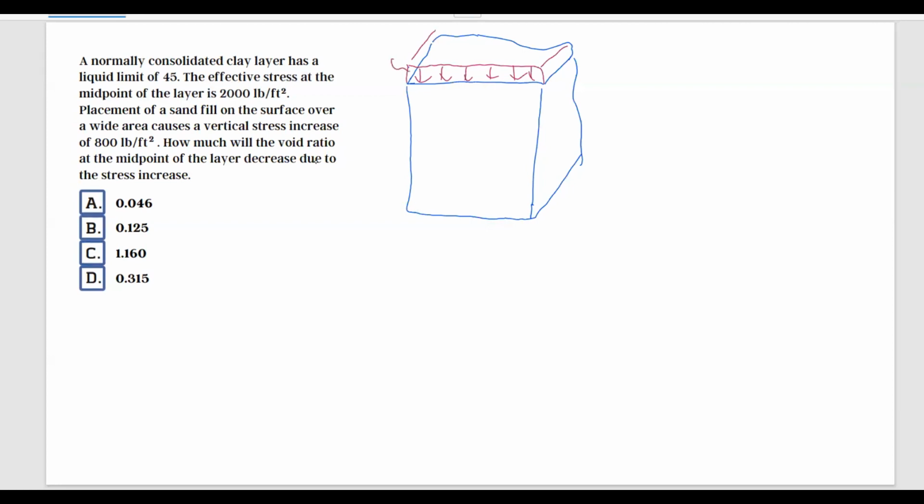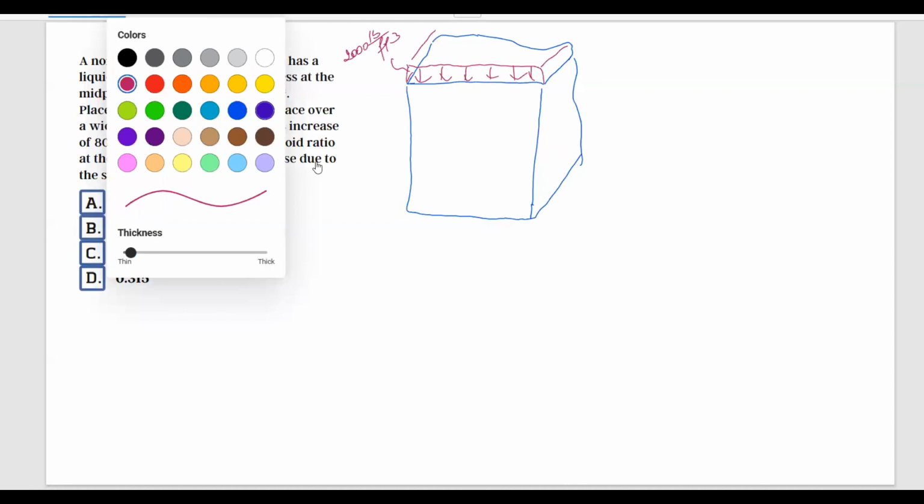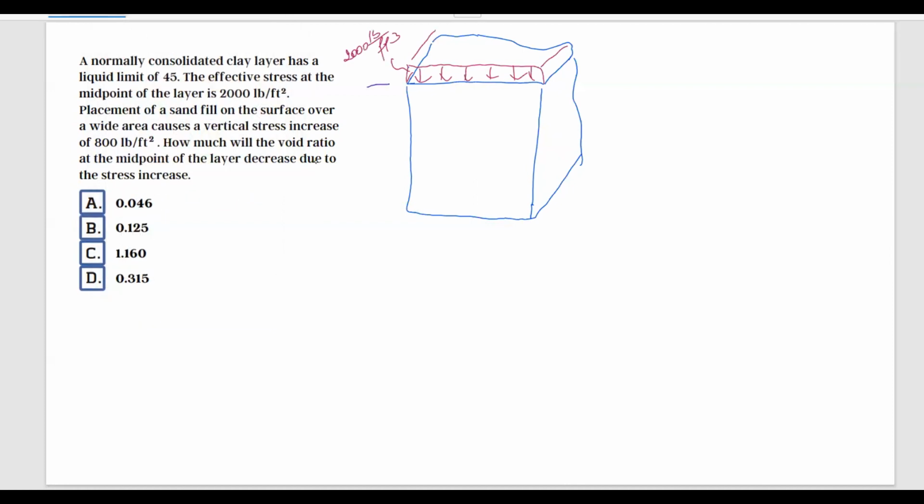We know that this initial load is 2,000 pounds per square feet. This is the height. And we know we have saturated clay, so these are the clay particles. In between these particles is water. Next, we're going to have an additional load of 800 pounds placed on top of this clay layer.